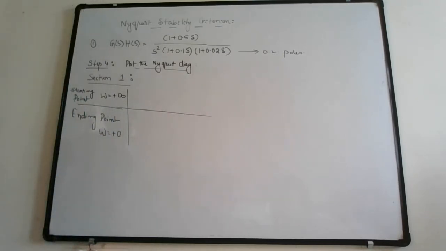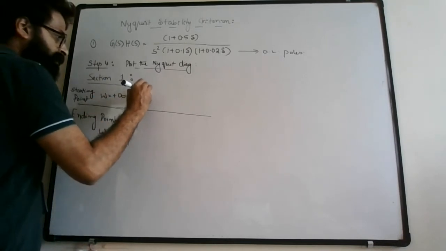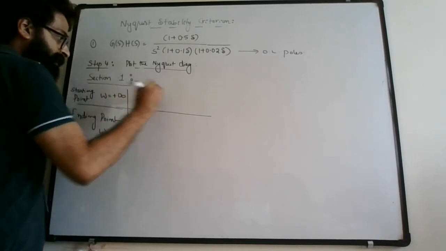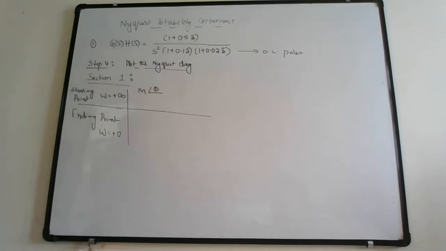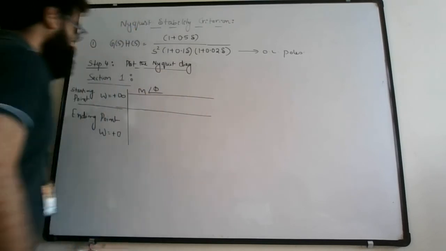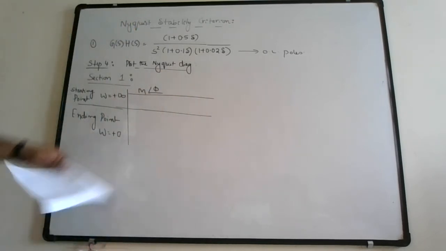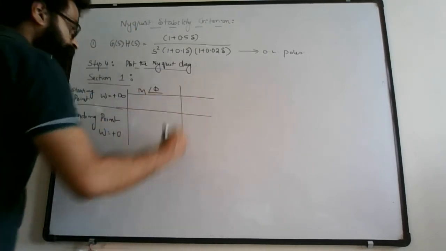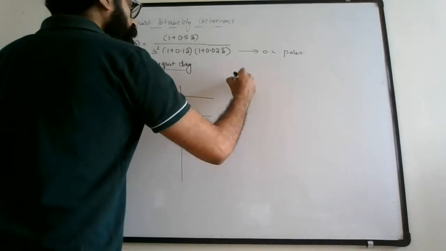So what you have to do is you have to write down the magnitude and phase angle. You need to find the magnitude and phase angle when you substitute omega equal to infinity, as well as when you substitute omega equal to 0. Alright, so let me find out discretely. So what is magnitude?